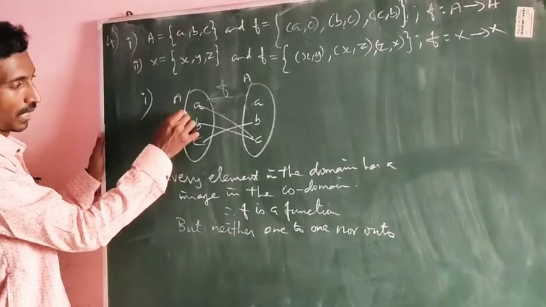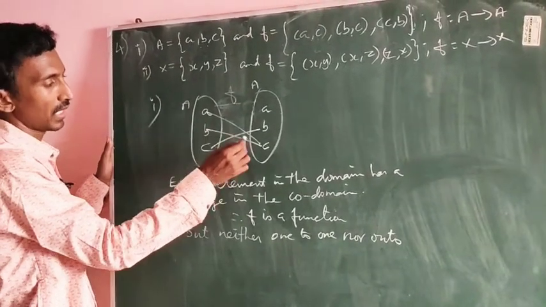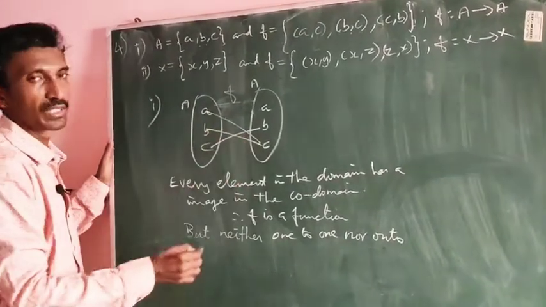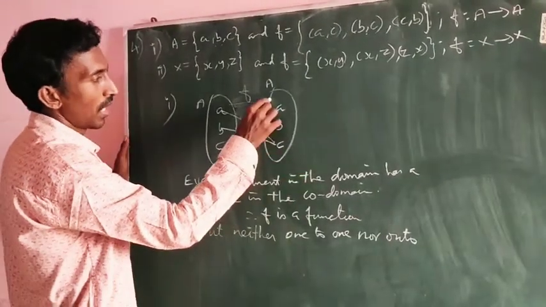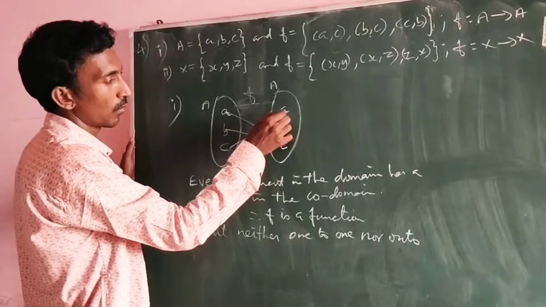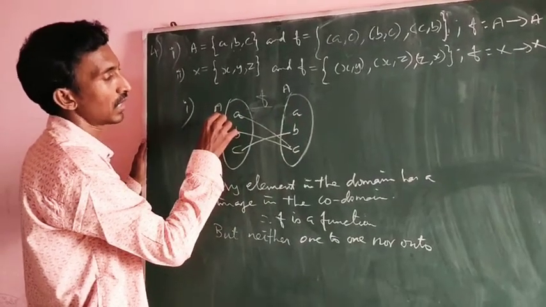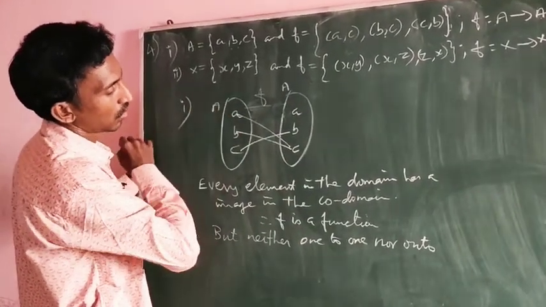Reason: A, B and C have the same image, so it is not one-to-one. Nor is it onto, because there is an element A in the codomain which has no pre-image in the domain.